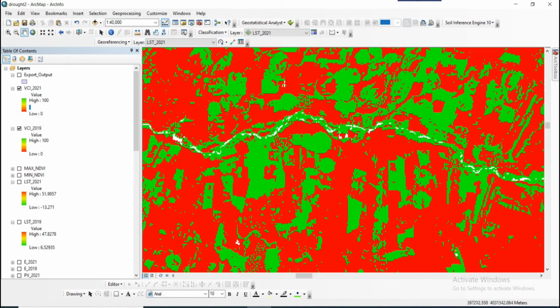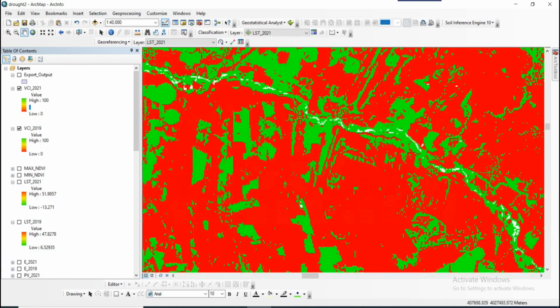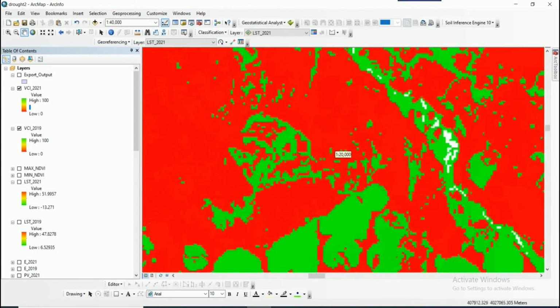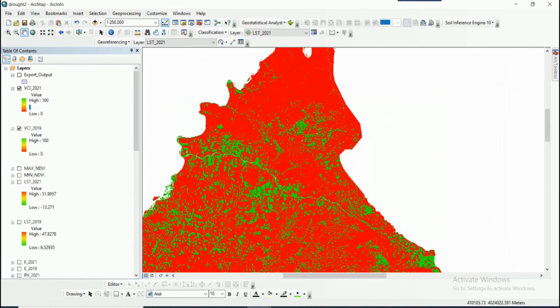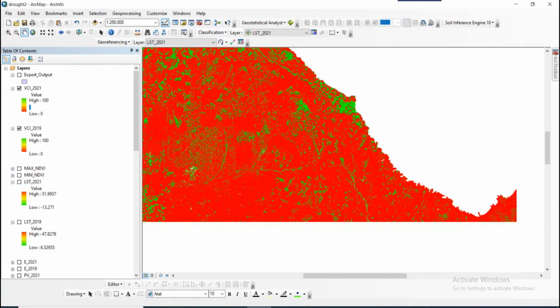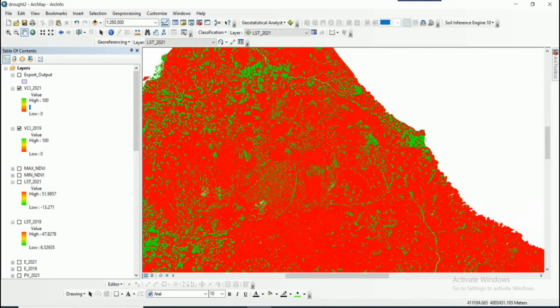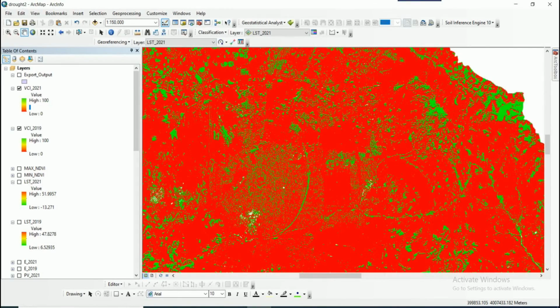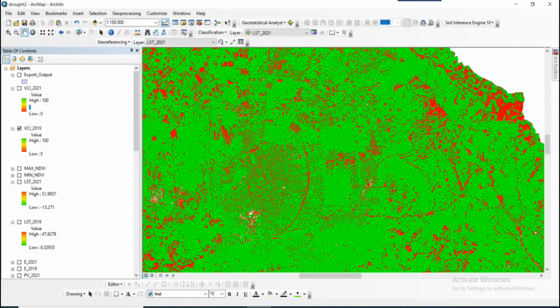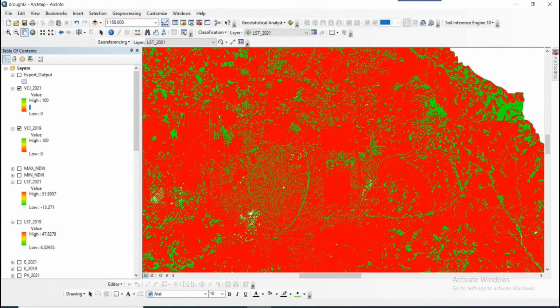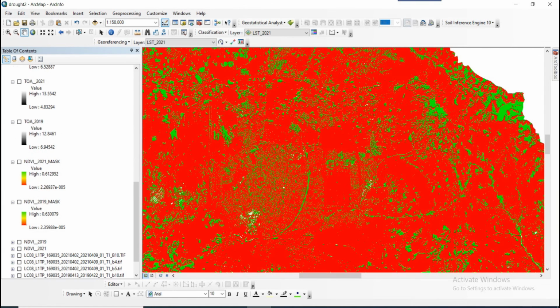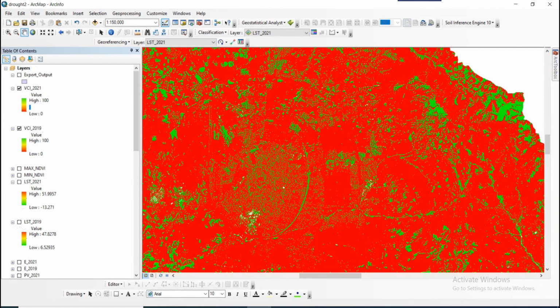Each one shows a different pattern, which are significantly different from the others. Well, that was the procedure to calculate the VCI or vegetation condition index.